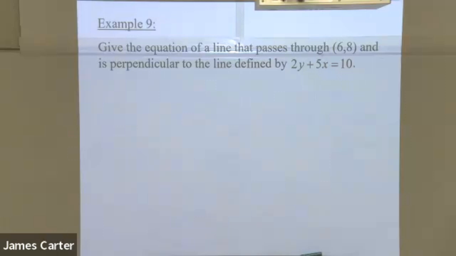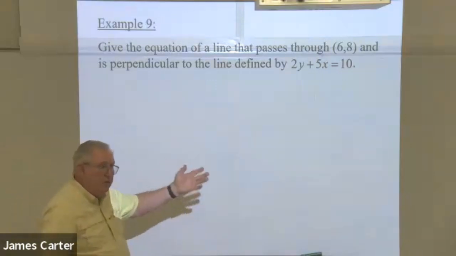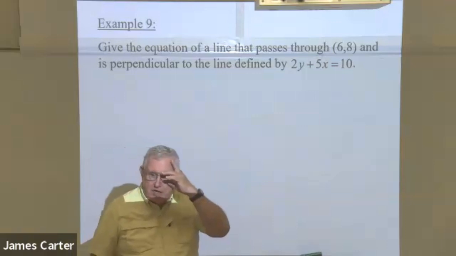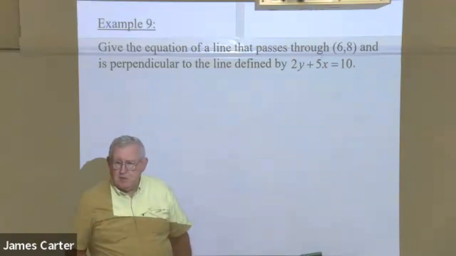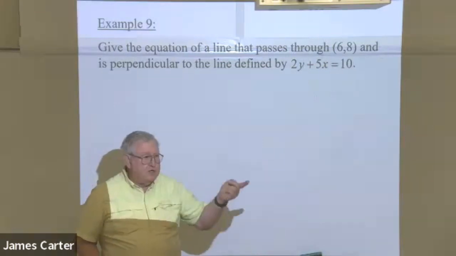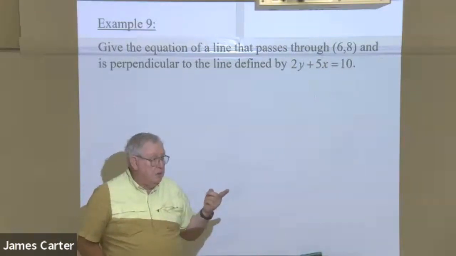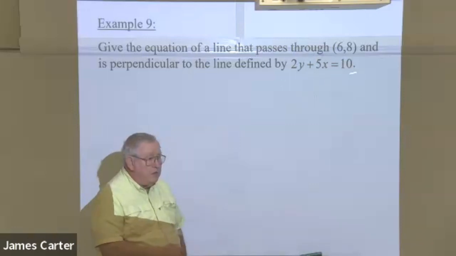What are our steps going to be? Let's just kind of enumerate, think ahead. What is our strategy? This is not in y = mx + b format. So the first thing we need to know is what is the slope. So put it in y = mx + b format.